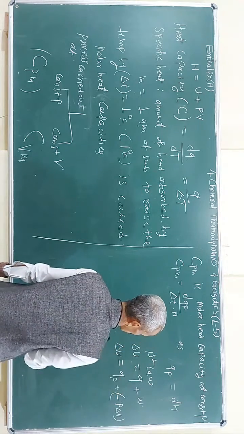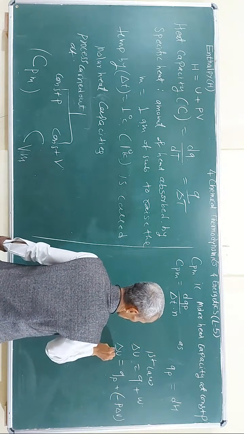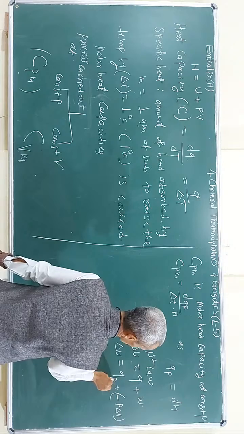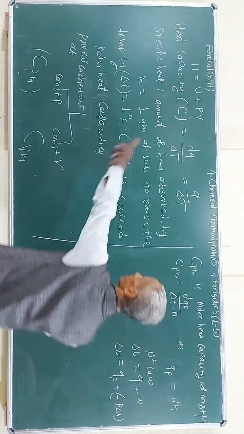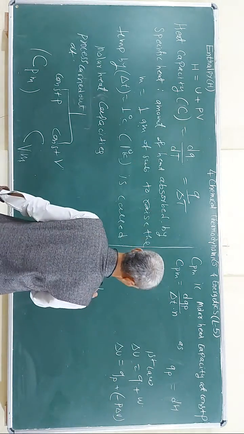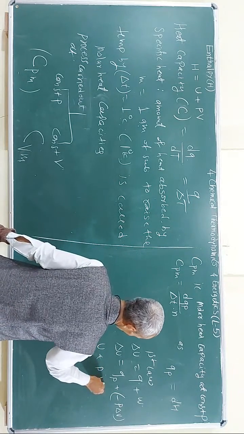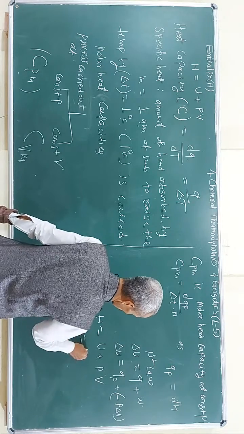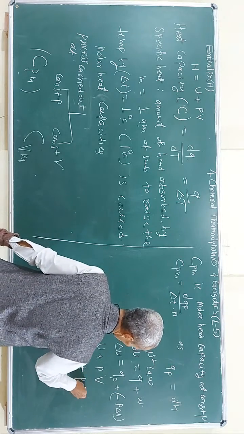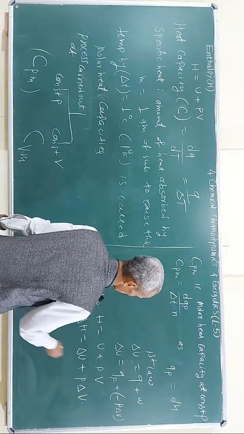This is the equation. So here ΔU is equal to QP, and if you compare this with the first law, also H is equal to U plus PV, so ΔH is equal to ΔU plus PΔV.